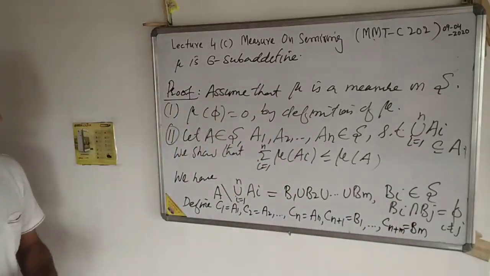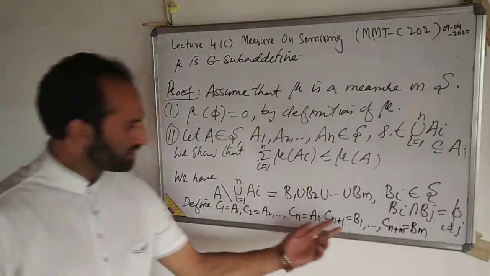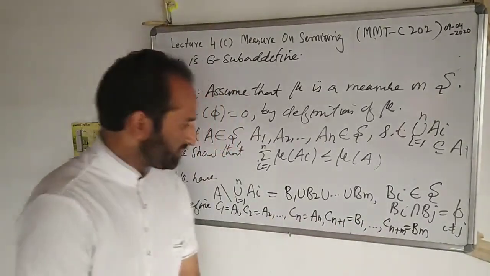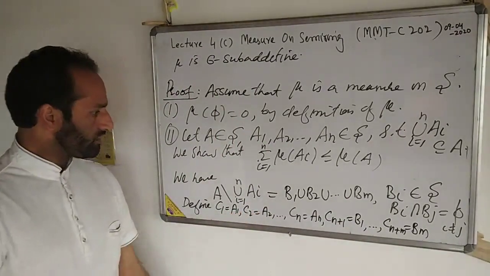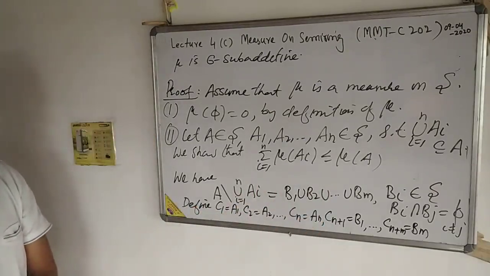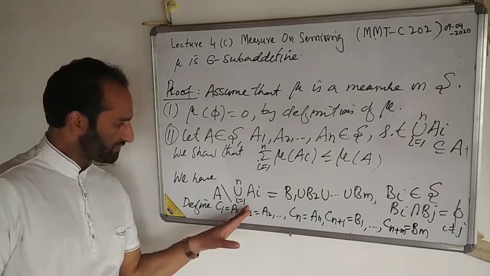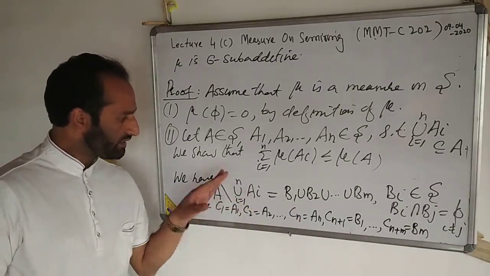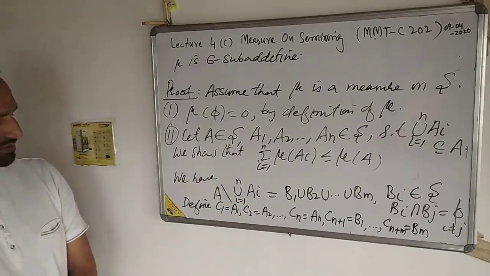So we have these n plus m sets. They are pairwise disjoint. C1, C2 up to Cn, which are A1, A2, up to An, are also disjoint from these B's, because A minus the union I runs from 1 to n, AI, is disjoint from the union I runs from 1 to n, AI.